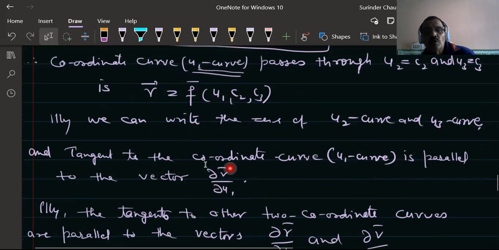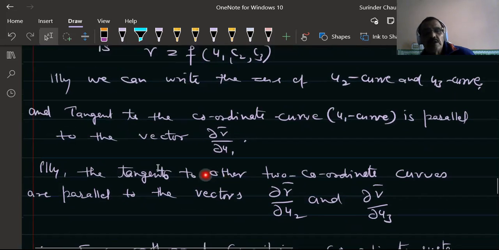If we differentiate the position vector with respect to u1, we get the tangent. Similarly, the tangents to the other two curves are given by partial r by partial u2 and partial r by partial u3.